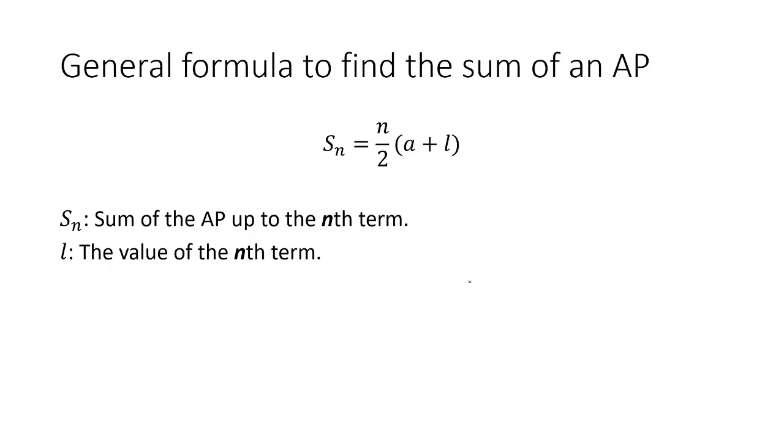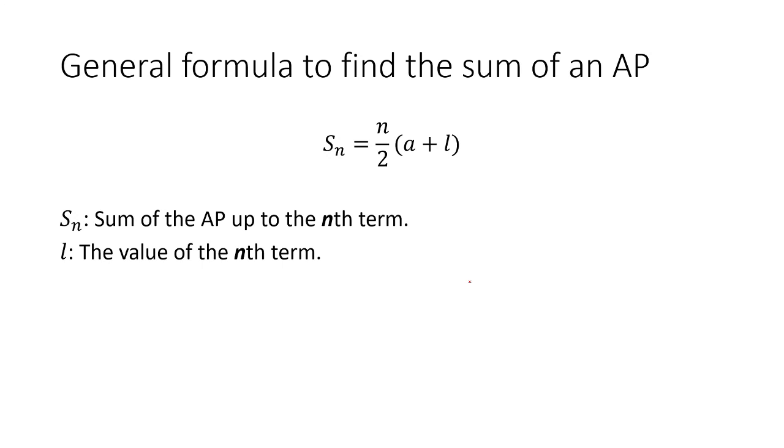So the next one: if you try to find the sum of an arithmetic progression, this is the general formula. Sn is the sum of the AP up to the nth term. The S just means sum, and the lowercase n just under it is the point up to which you want to find the sum.